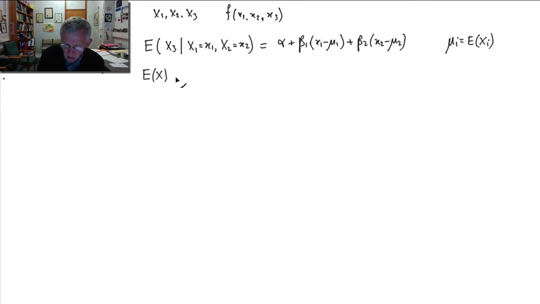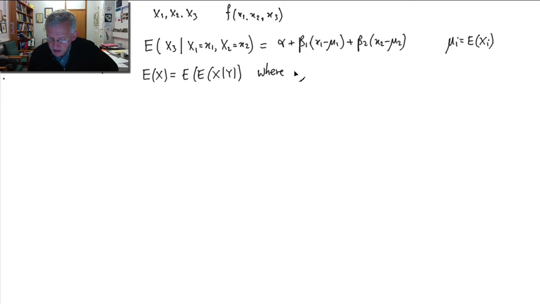The expected value of x is equal to the expected value of the expected value of x given y, where we refer to this quantity here as a conditional mean, and it's defined to be a function of the random variable y, where that function is defined as being the expected value of x given that y is equal to little y.